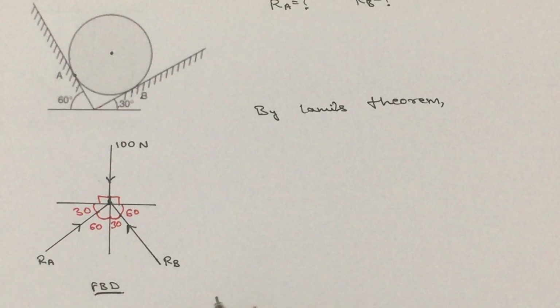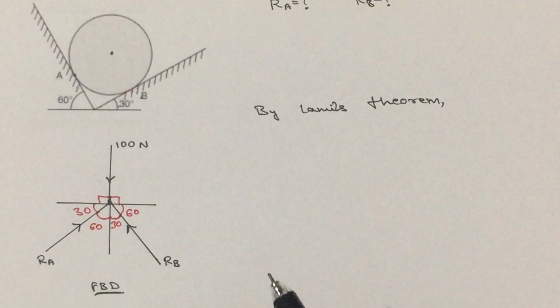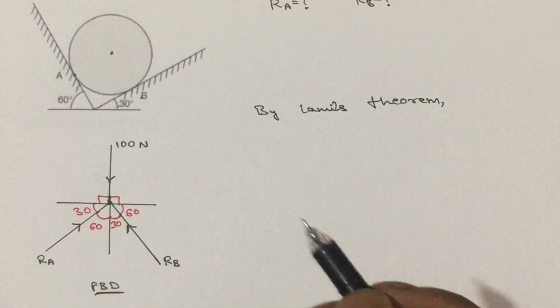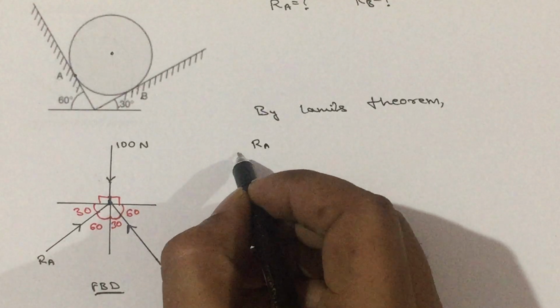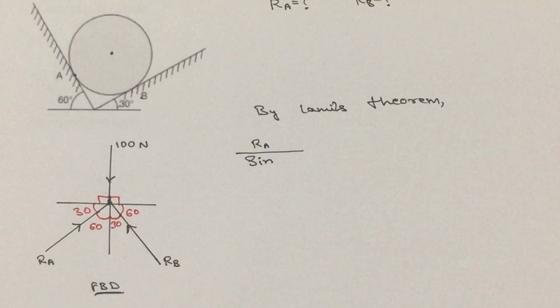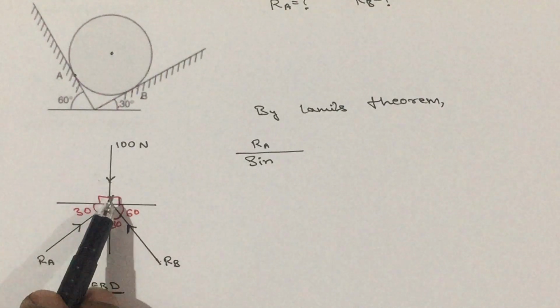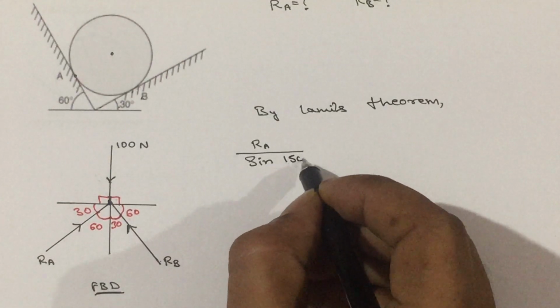we can write Lami's equation, that is force divided by sine of the angle between the other two forces. First write the unknown force RA divided by sine of the angle between the other two forces. The other two forces are 100 and RB, the angle between them is 90 plus 60, that is 150.